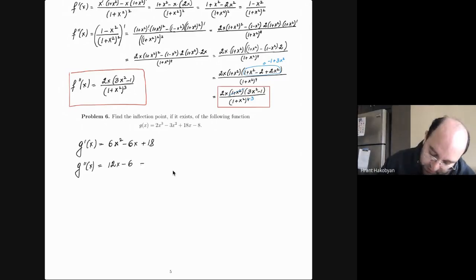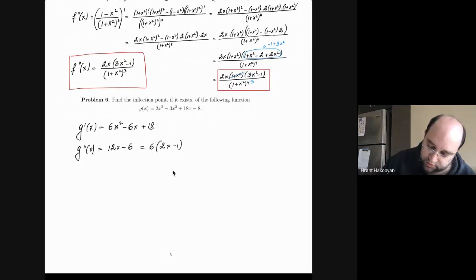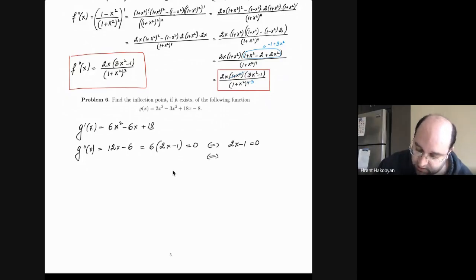If you want, I can simplify and write that this is equal to 6 times (2x minus 1). If I set this equal to 0, that's the same as saying 2x minus 1 equals 0, so 2x equals 1, and dividing both sides by 2, I get x equals 1/2.